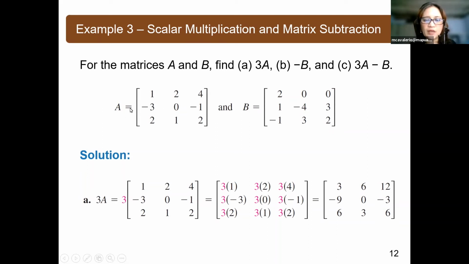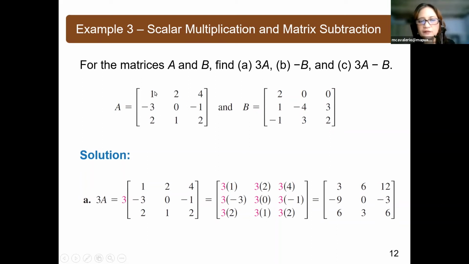We have A, which is a 3 by 3 matrix, as well as B. How do we find 3A? To find 3A, we're simply multiplying every entry of matrix A by 3, so we're tripling each element.